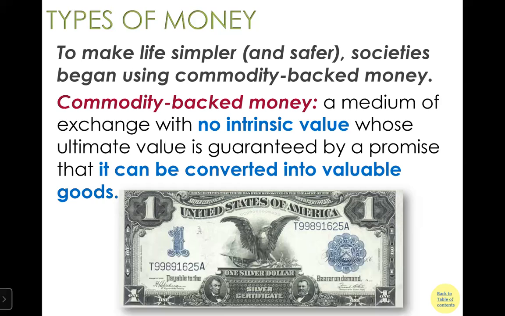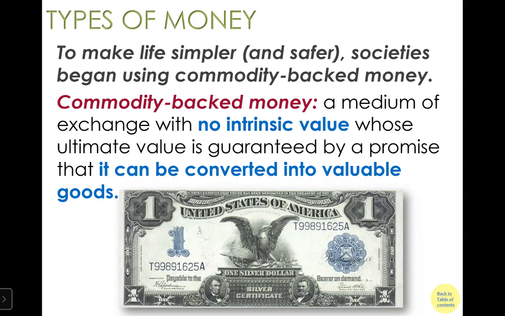Let me summarize the difference from commodity money: you don't need to keep the commodity. You just keep this piece of paper, which guarantees you have the right to get a certain amount of commodity as you wish. All right? So this is commodity-backed money.